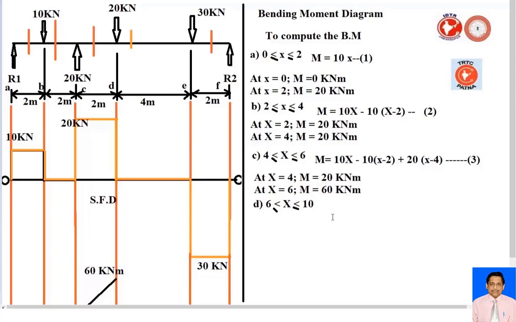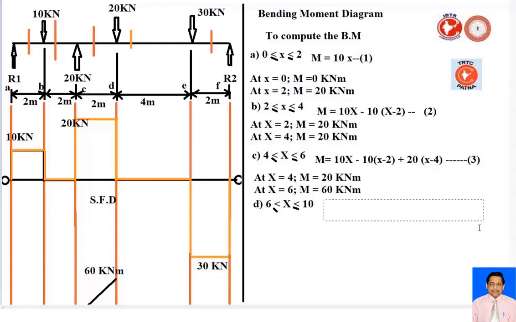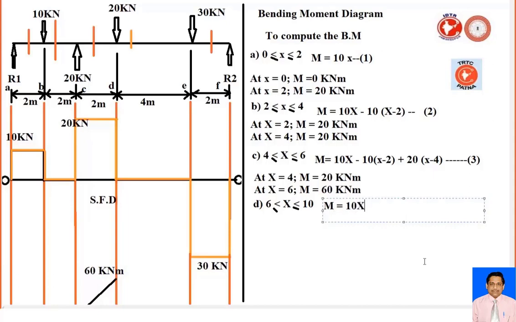Now write down the equation. Moment is equal to 10x minus 10(x minus 2) plus 20(x minus 4).